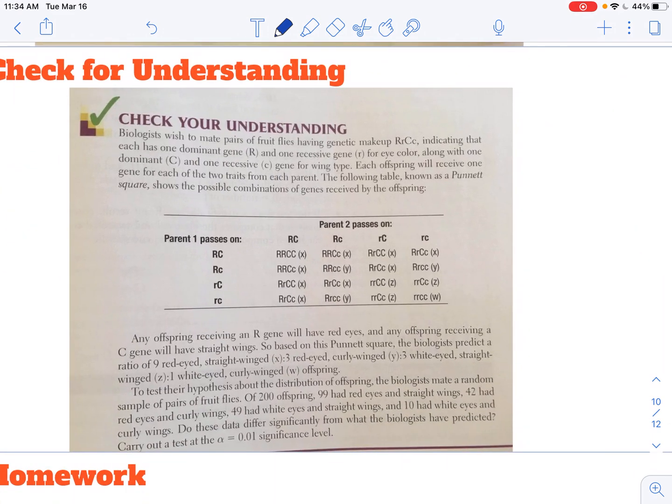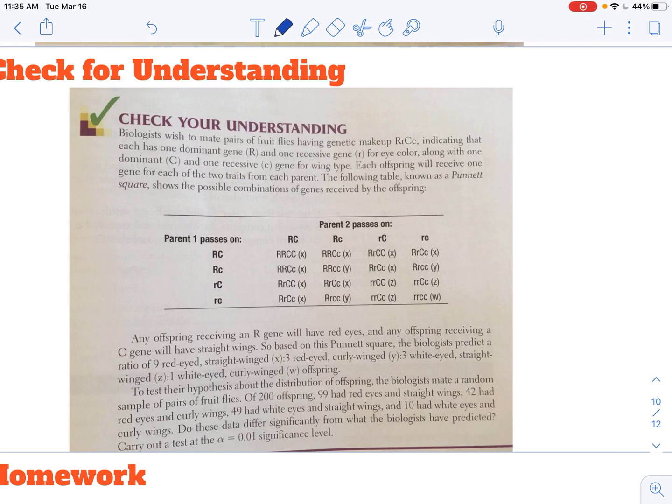So here, biologists wish to mate pairs of fruit flies having genetic makeup of big R, small r, big C, small c, indicating that each has one dominant gene R and one recessive gene r for eye color, along with one dominant gene C and one recessive gene c for wing type, and so on. This is a Punnett square.